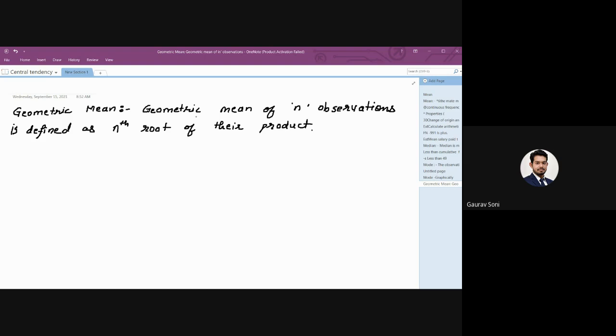So if x1, x2, dot dot dot till xn are observations, then geometric mean GM is equal to, yes, anyone who can formulate this?